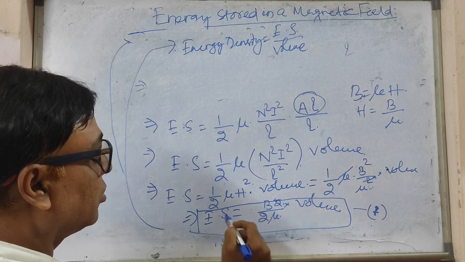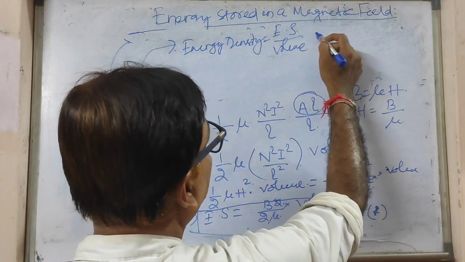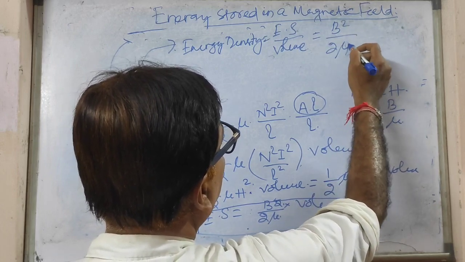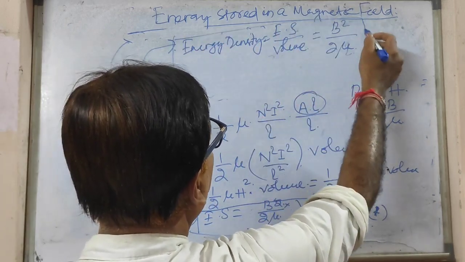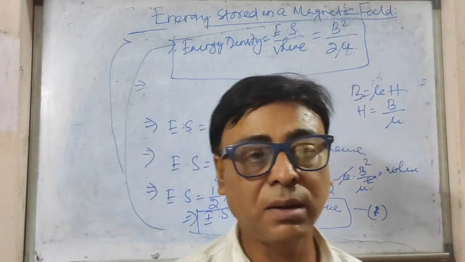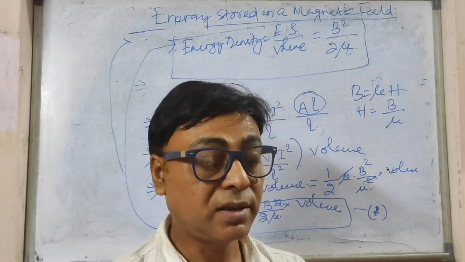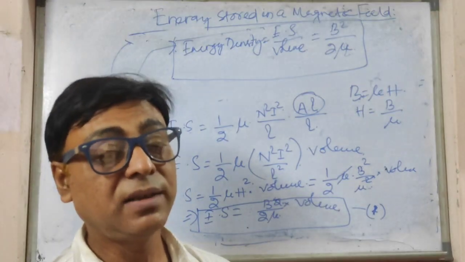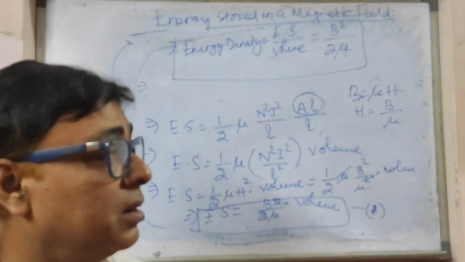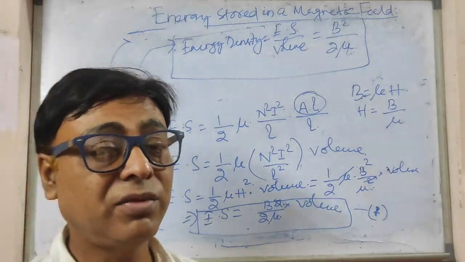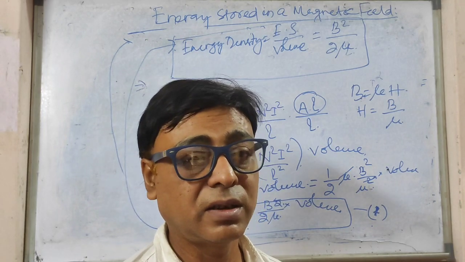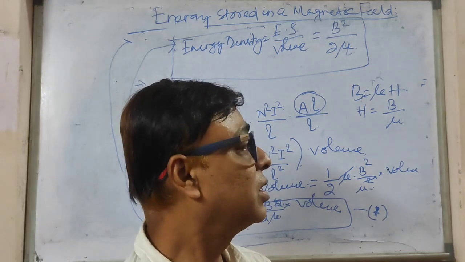If we take the volume to the left hand side, it becomes B square by 2 mu. This is the expression for the energy density. Again, exactly what happens: work has to be done to establish the current through the inductor. That work is stored in the inductor, so that is the energy stored in the inductor or in the magnetic field. This is the expression.